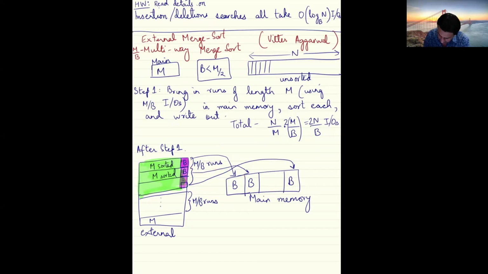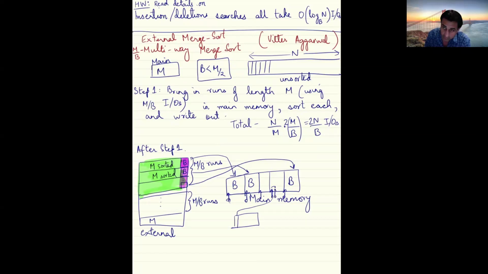And now we do the merging. Imagine having M over B fingers, one at each of the first elements of these blocks. Now you start an empty block where you write down whichever is the smallest of the M over B fingers you're pointing to. You write that element as the first element and advance that pointer by 1.